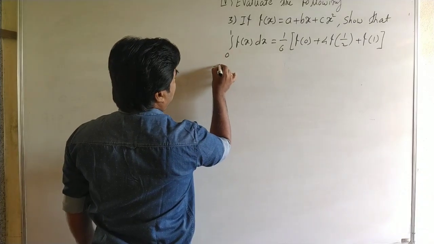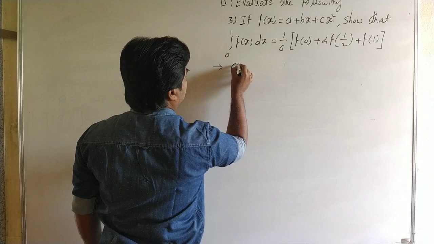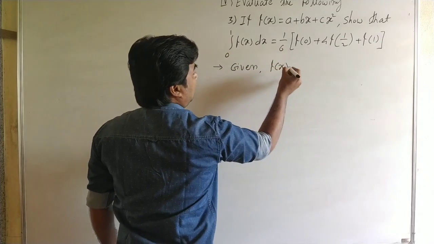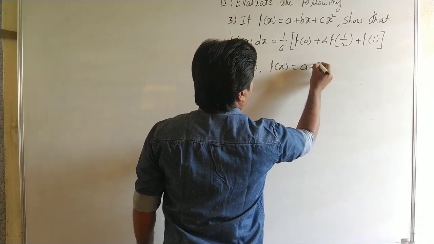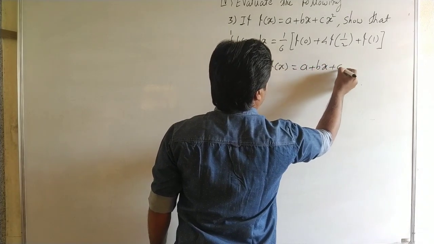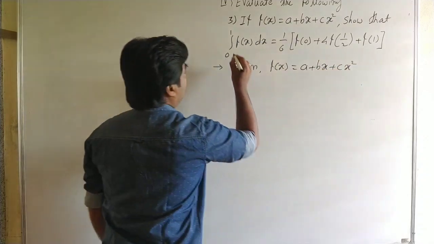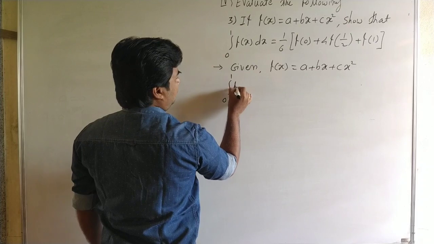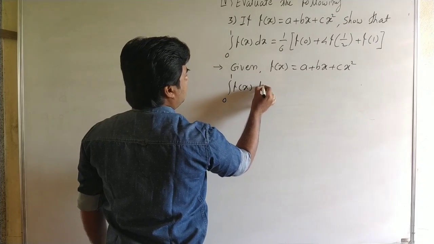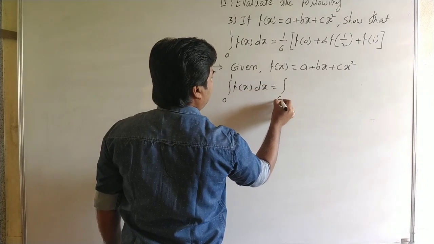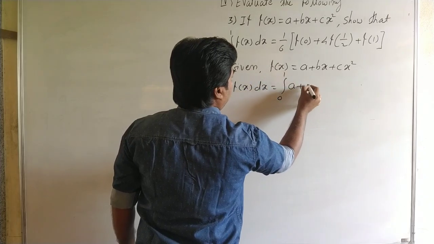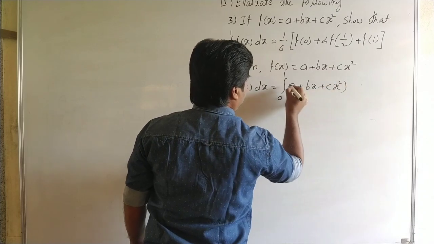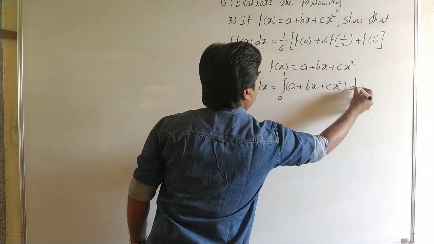Now first here it is given f of x is equal to a plus bx plus cx square. Now first we find this value, integral 0 to 1 f of x dx is equal to integral 0 to 1 of a plus bx plus cx square, the value of f of x, with respect to x.